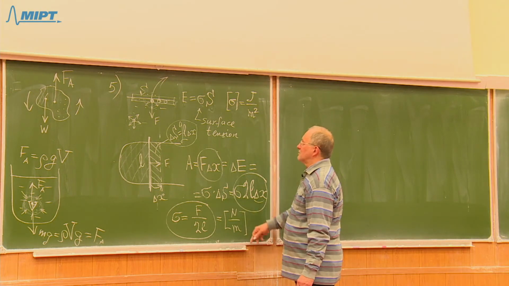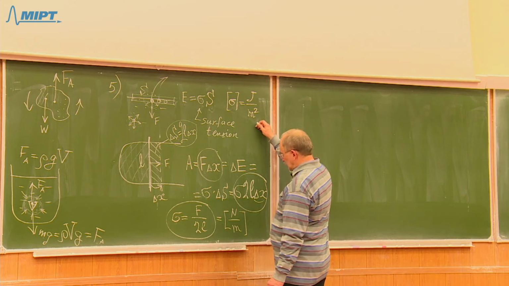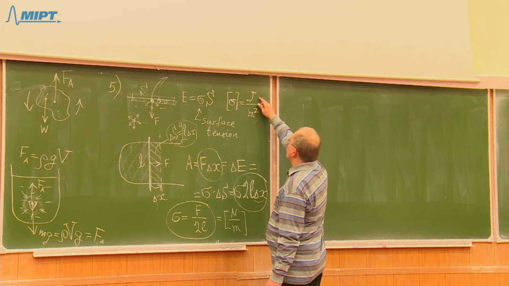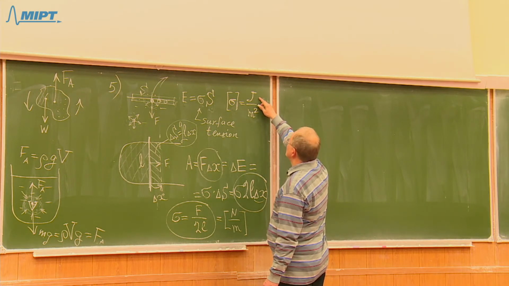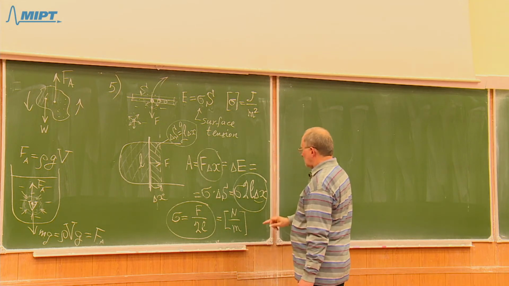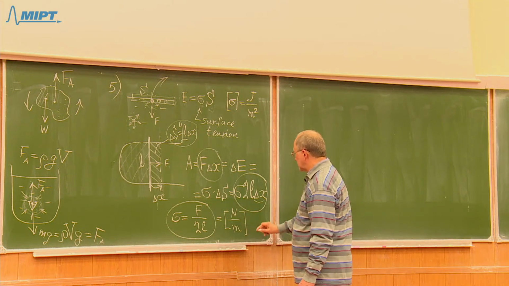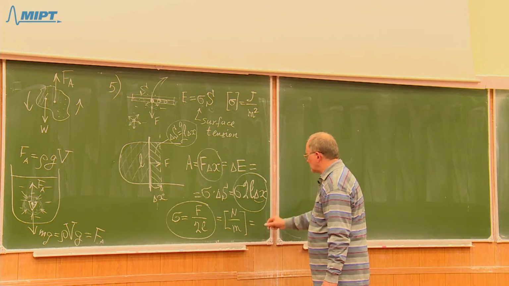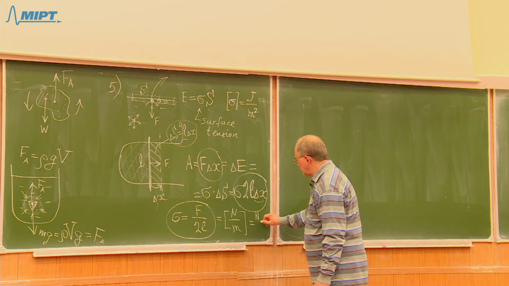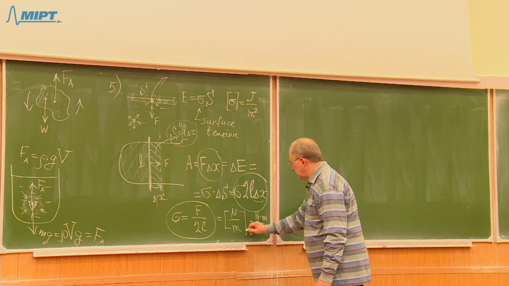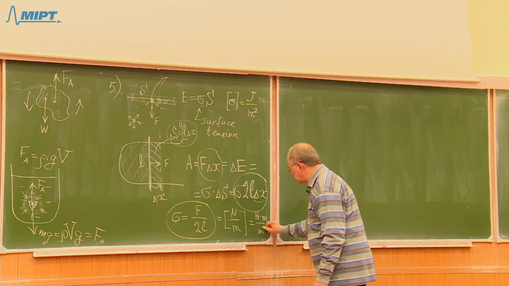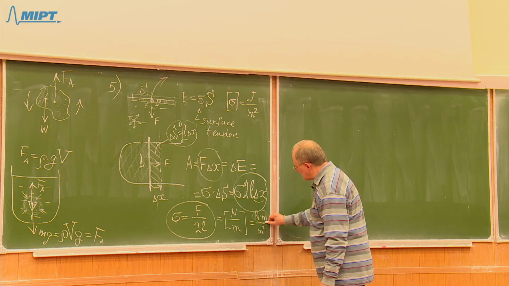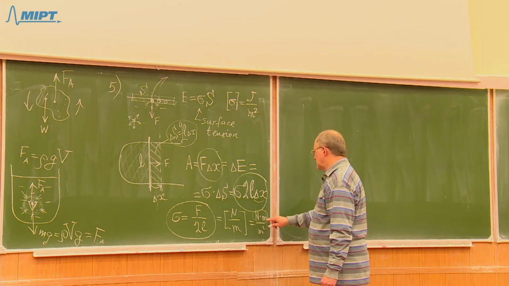Actually, this is the same unit of measurement. It's easy to see that if we multiply this formula by meter, both numerator and denominator will be multiplied by meter. Then we will obtain here newton times meter, and in the denominator meter squared.